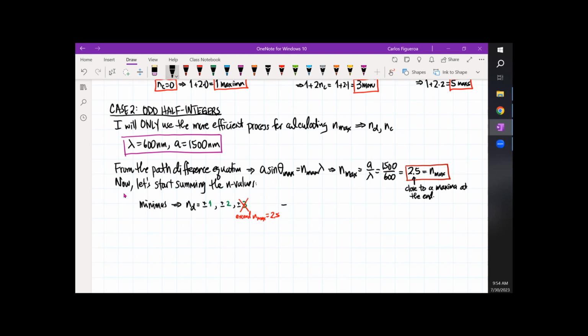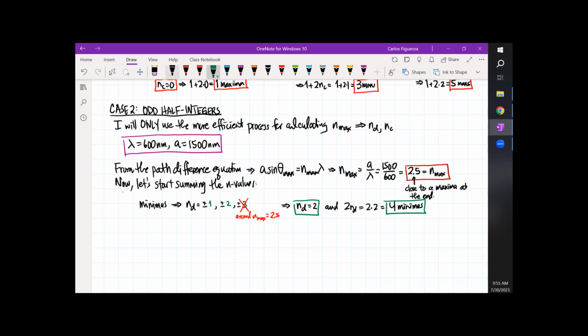Therefore ND is equal to 2, and 2ND is 2 times 2, which gives me 4 minimas. So I know my minimas.